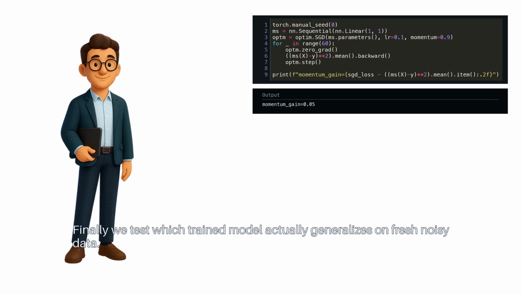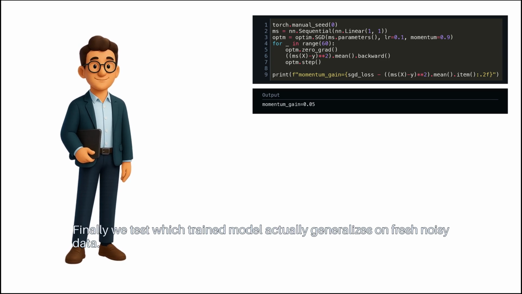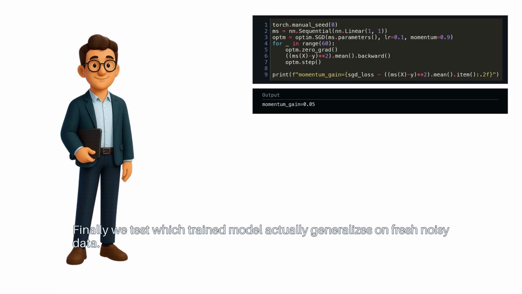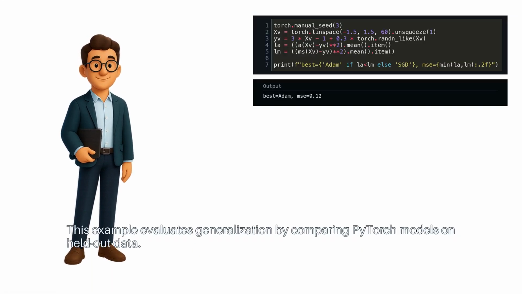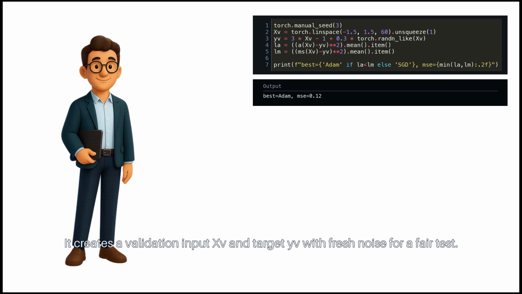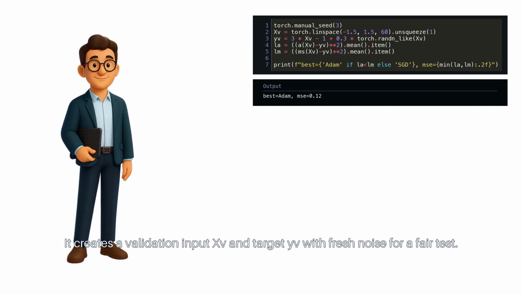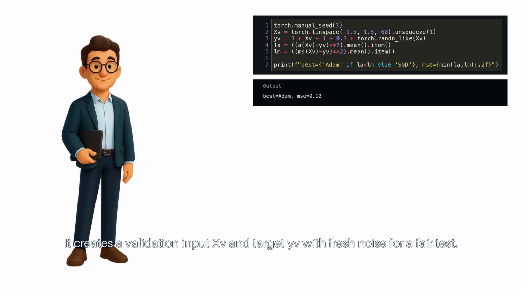Finally, we test which trained model actually generalizes on fresh, noisy data. This example evaluates generalization by comparing PyTorch models on held-out data. It creates a validation input xv and target yv with fresh noise for a fair test.